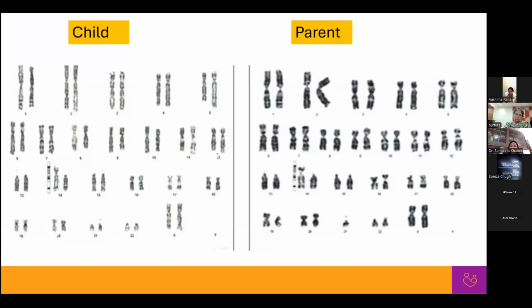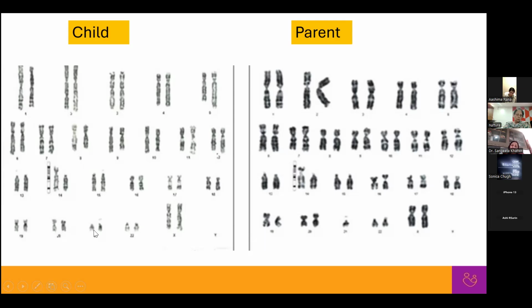But if the child has this kind of karyotype, as you can see in this karyotype picture, this is a Down syndrome karyotype picture. As you can see, the child has got 46 chromosomes. One chromosome is 14, another chromosome 14, but it has got one attachment of the 21st chromosome over the 14th chromosome.